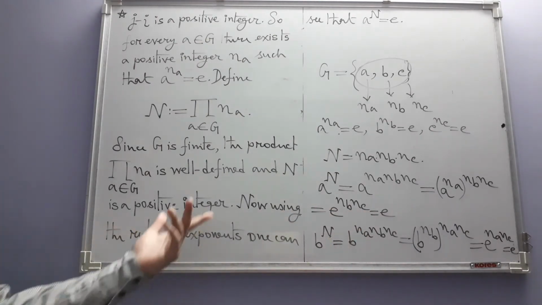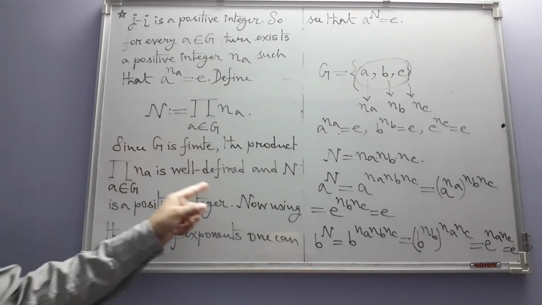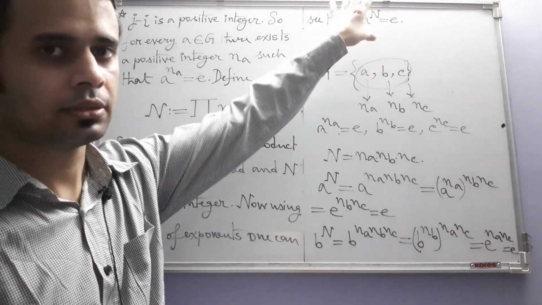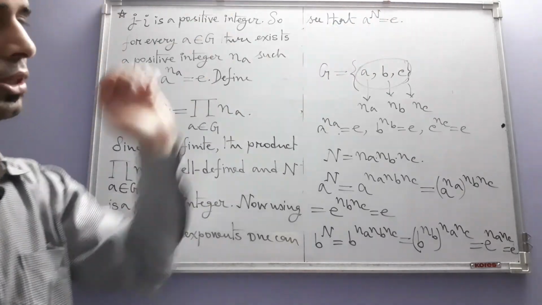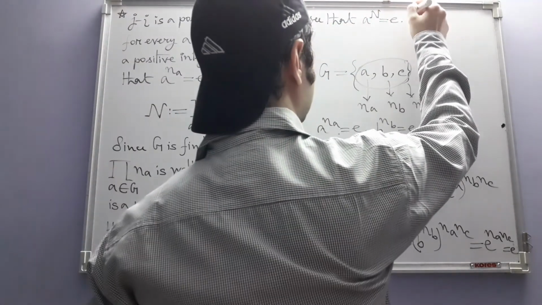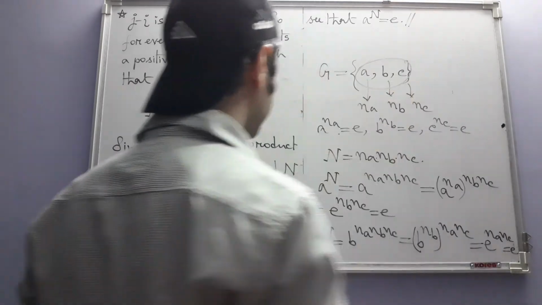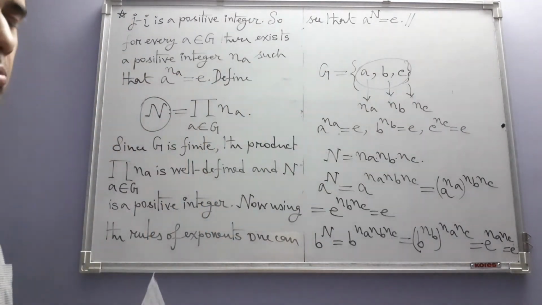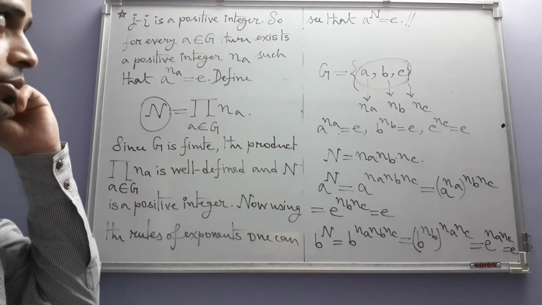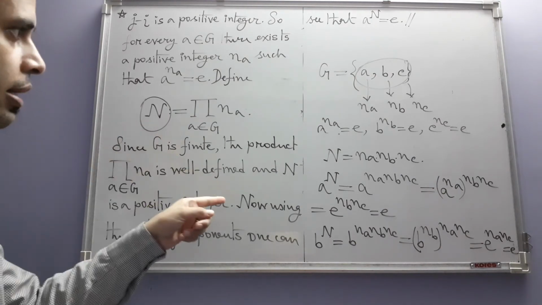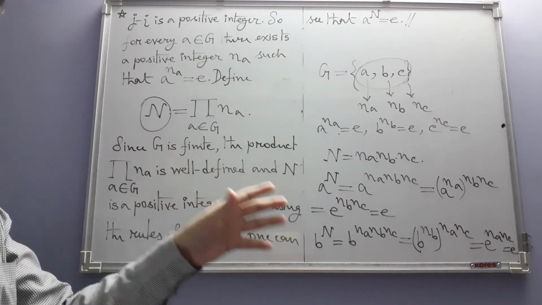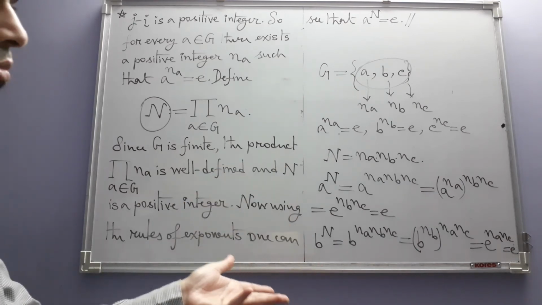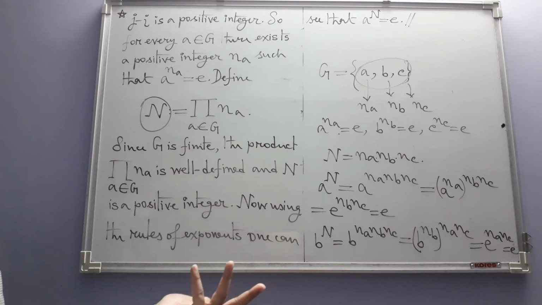So that's how we know that if we raise any element to the Nth power, then a to the power N will be equal to e. And the existence of such an integer N for a finite group will ultimately lead to a corollary to one of the very important theorems in finite group theory, namely Lagrange's theorem, which many of you may already know.